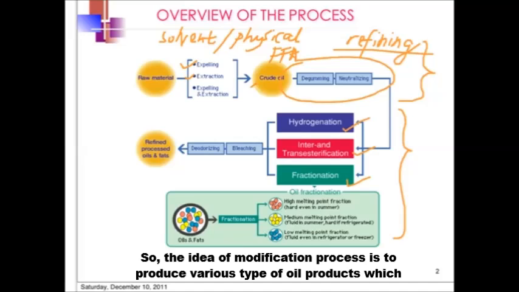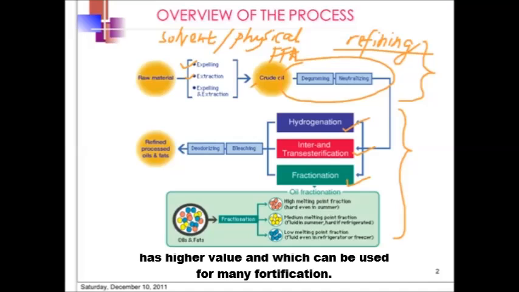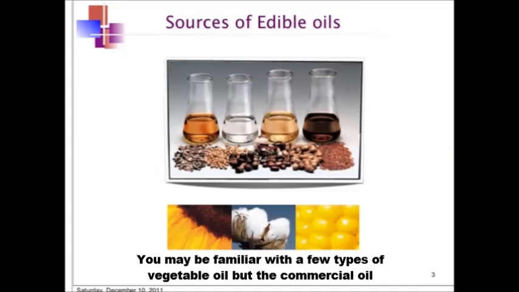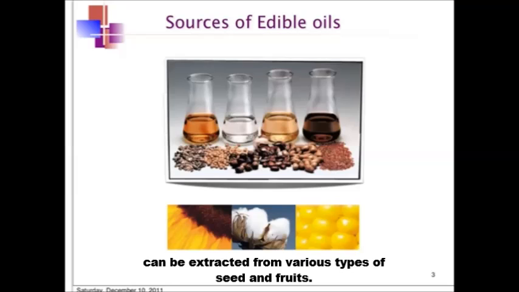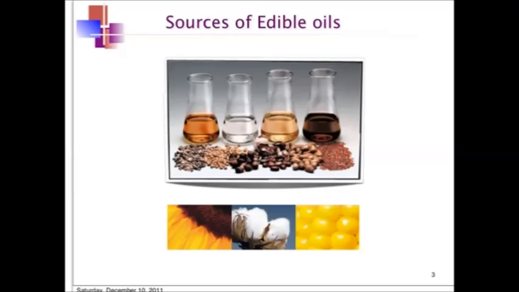So the idea of this modification process is to produce various types of oil products which have higher value and which can be used for many food applications. You may be familiar with a few types of vegetable oil, but commercial oil can be extracted from various types of seed and fruits.